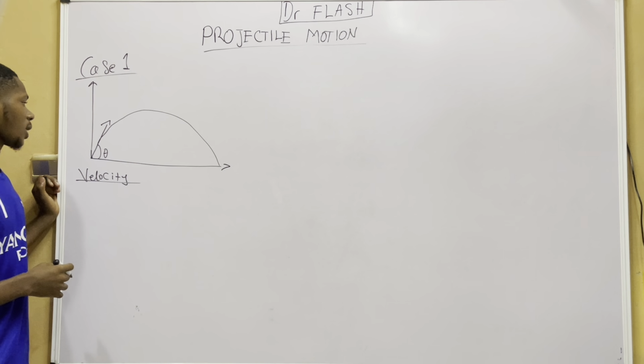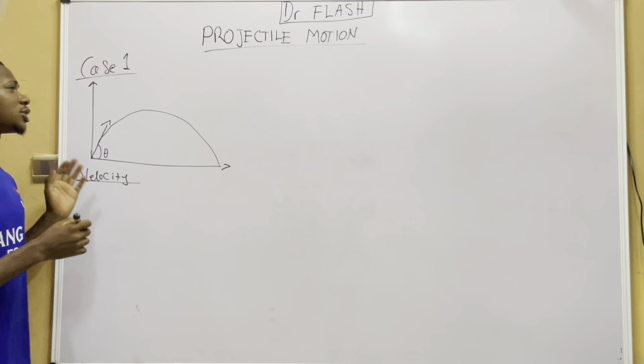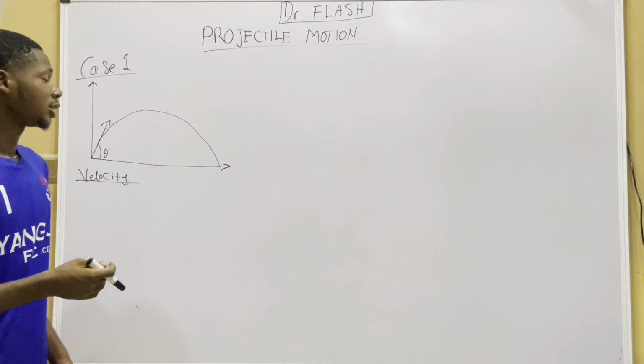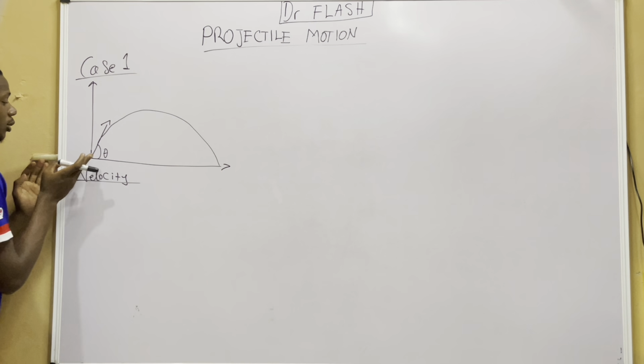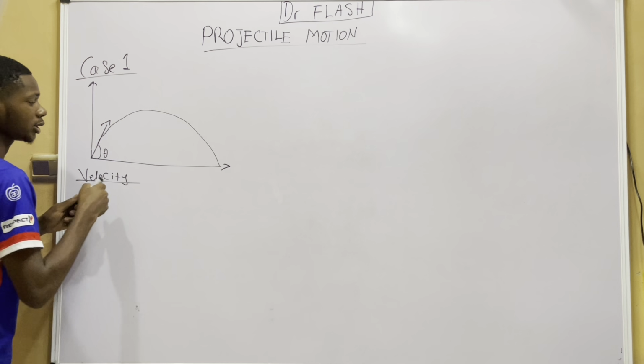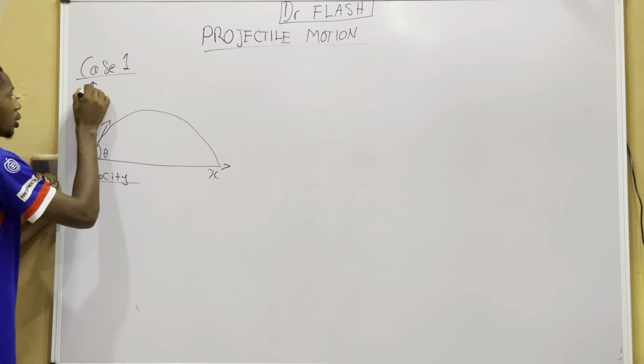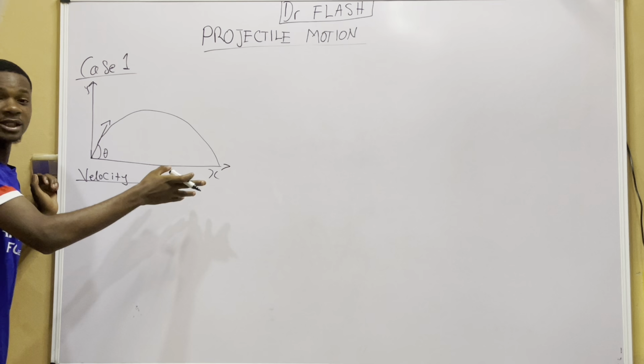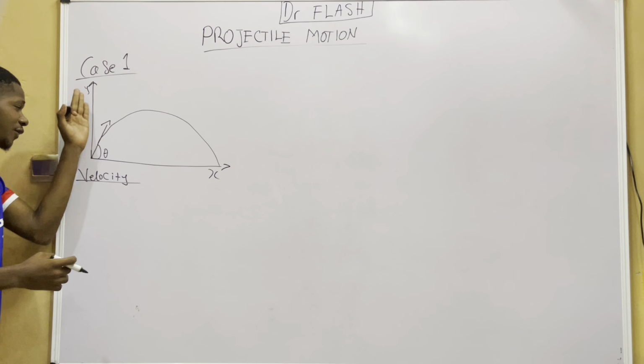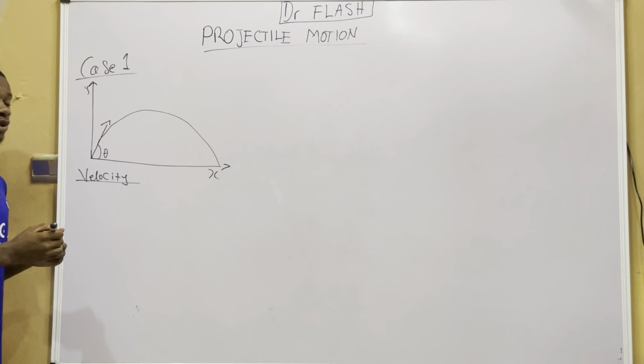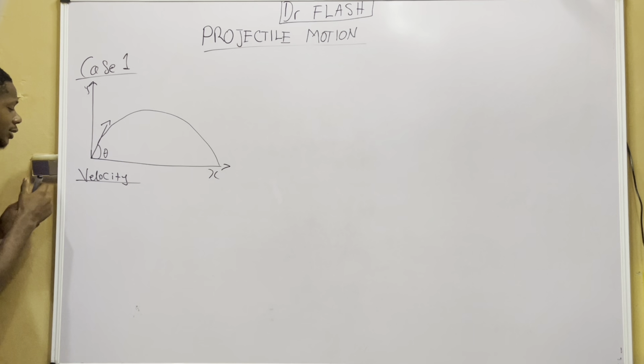Now, talking about the velocity for this whole diagram, the velocity is divided into two components. We have the horizontal component, which I'll call x, and the vertical component, which I'll call y, after they are resolved.